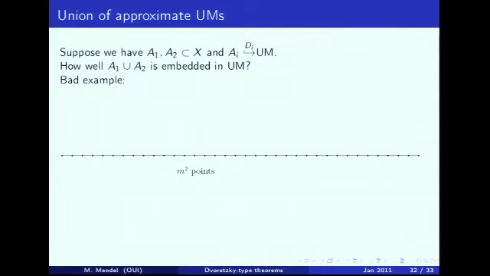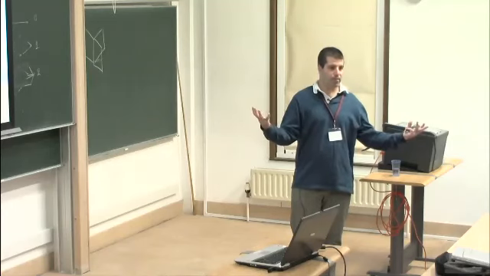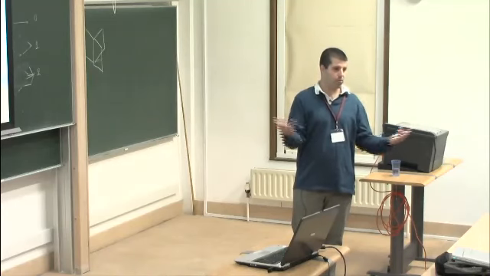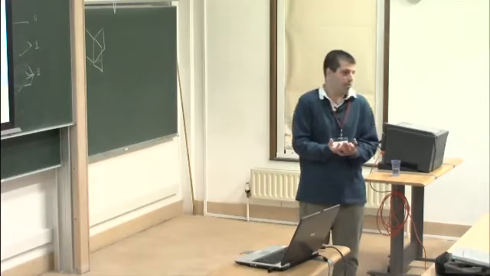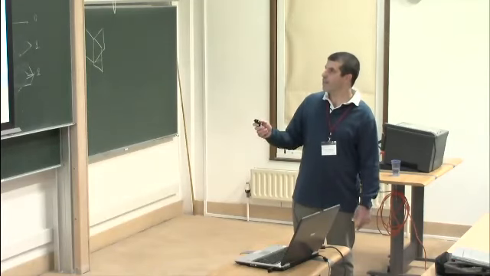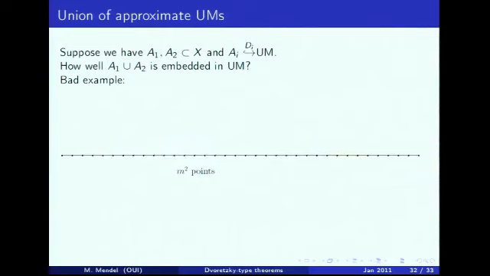I have two different approximate ultrametrics, and I want to take their union, and I want it to still be an approximate ultrametric. We have two subsets of metric space X. Each one is approximate ultrametric with distortion D1 and D2 respectively, and we ask how well you can embed the union in ultrametric.